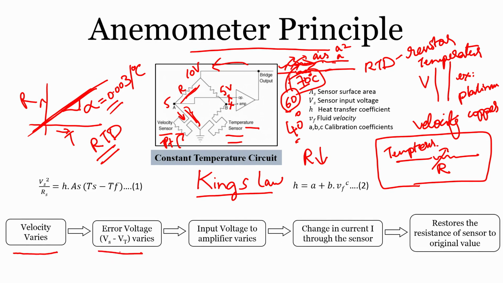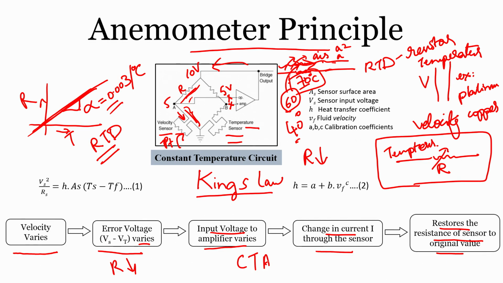Error voltage rises because the RTD's R is dropping, and that is when the differential voltage increases, and to balance it, the input voltage to the amplifier varies, and this is compensated by an increase in current through this segment. And now, because of the high inrush of current, you are restoring the resistance of the sensor to its original value.